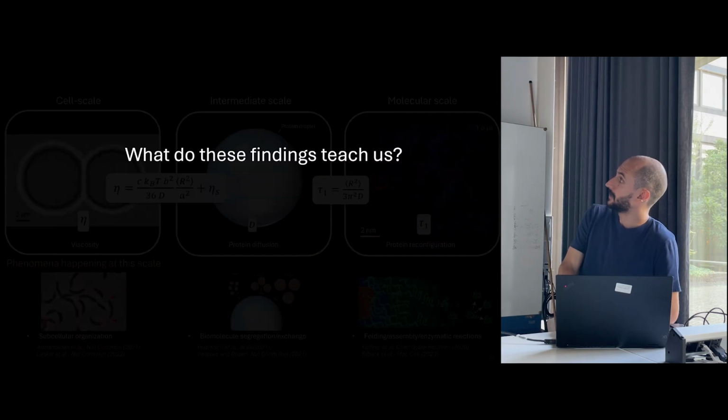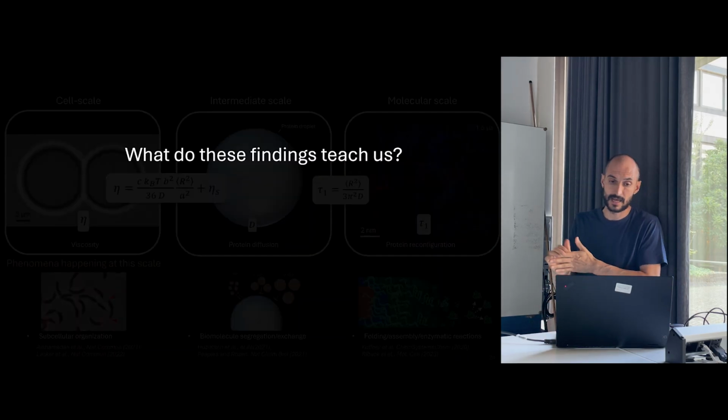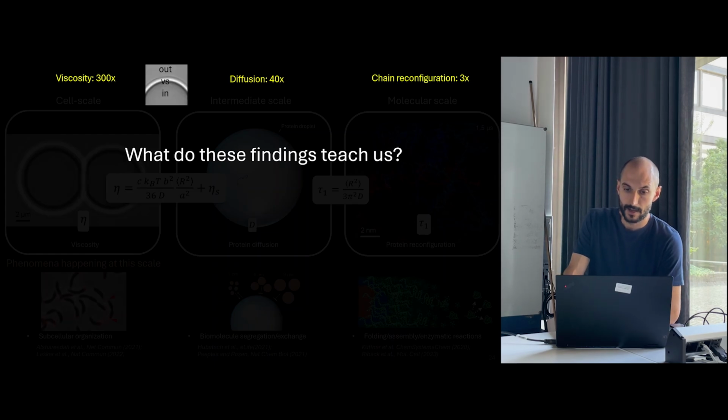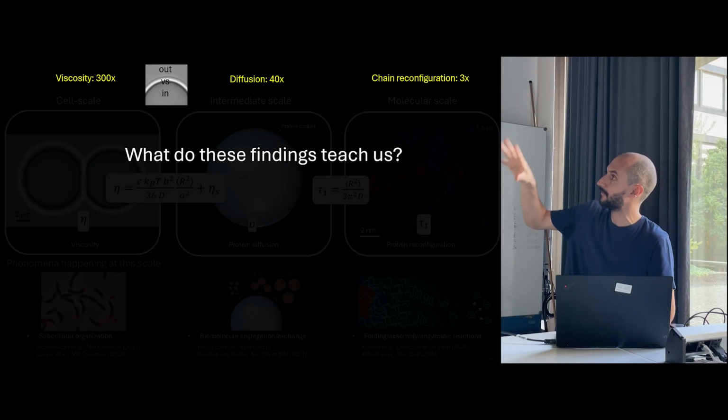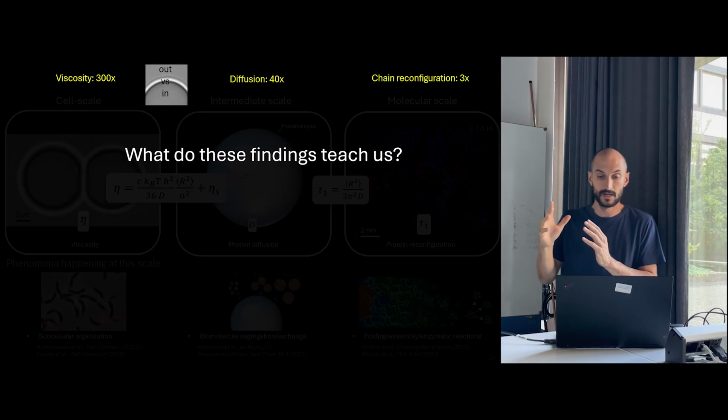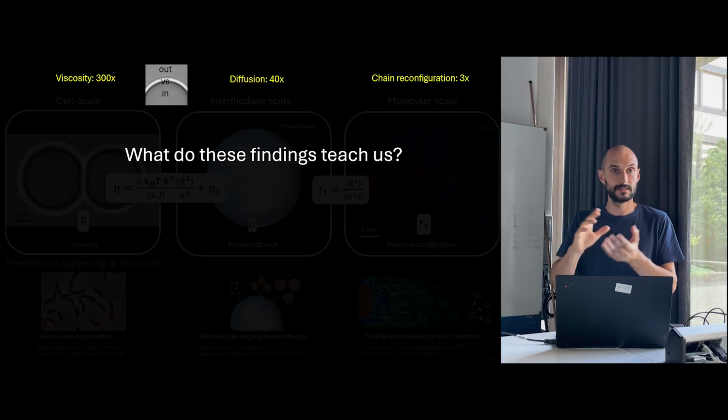And let me just finish by saying what these findings are really teaching us in terms of biophysics and also in terms of biology. So one aspect is that I was going through the talk comparing this 300 times more viscous in the condensate and then just saying it's just a factor of 3 slower chain dynamics in the condensates.